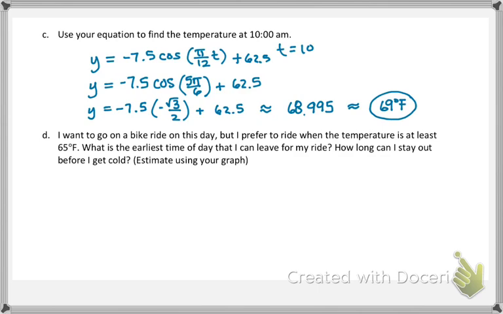And then the last part is I want to go on a bike ride on this day. Now, if I want to go on a bike ride on this day, but I prefer to ride when the temperature is at least 65, what is the earliest time of the day that I can leave for my ride, and how long can I stay out before I get cold? So for this, we're just going to estimate on our graph instead of calculating algebraically. We're just going to look at our graph and estimate. So I want to ride when the temperature is above 65.